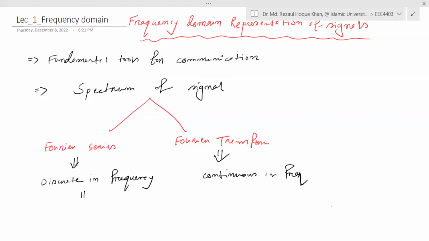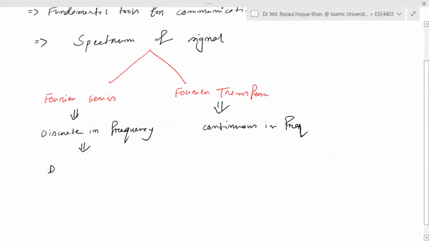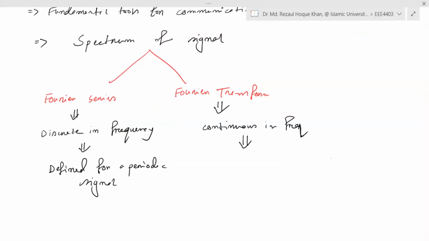And these discrete frequencies are defined for a periodic signal, whereas continuous in frequency is for a non-periodic signal.